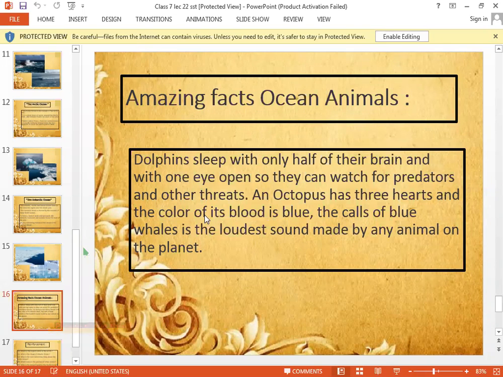And the calls of the blue whales is the loudest sound made by any animal on the planet. और आपको पता है जो whale है उसकी जो आवाज़ है, it is the loudest sound made by any animal on the planet. इतनी शार्प है एंड इतनी फास्ट और उसकी इतनी लाउड आवाज़ है कि प्लेनेट अर्थ पे ऐसी आवाज़ किसी और एनिमल की इतनी शार्प नहीं है.